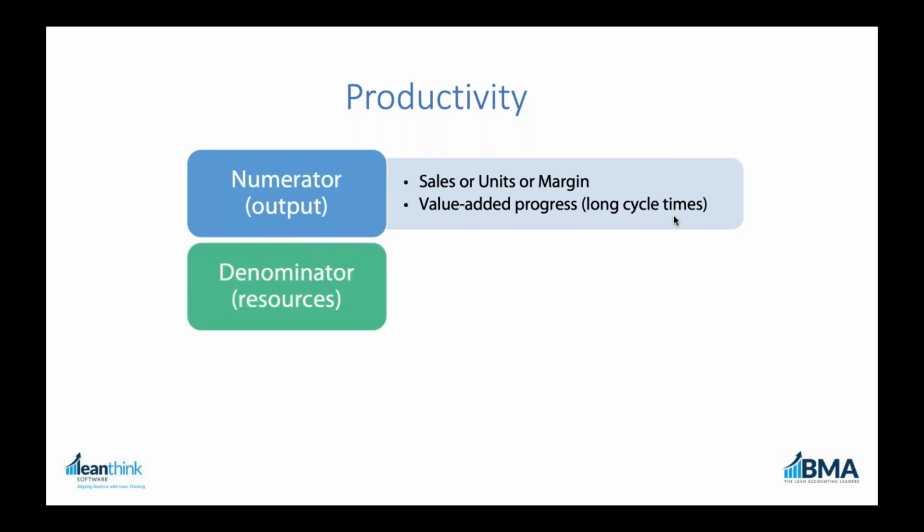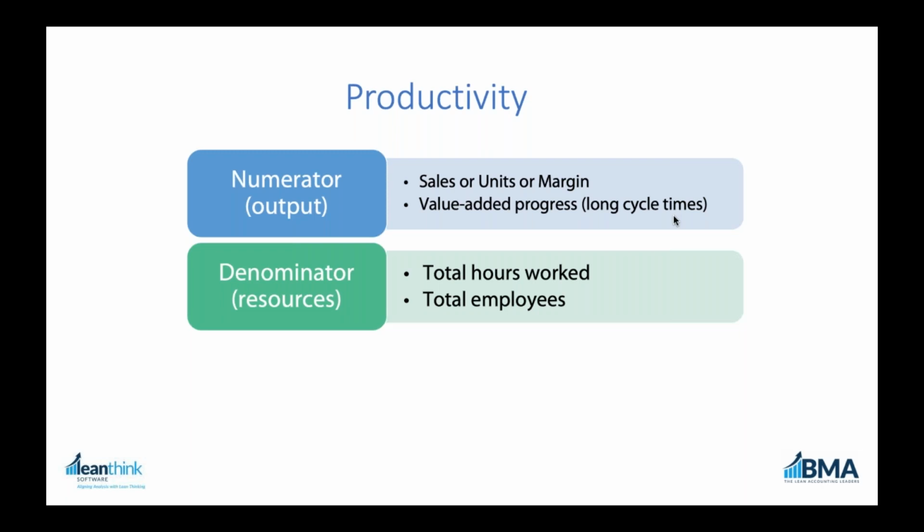The denominator is pretty simple and easy. It's total hours worked or total employees. My preference at the weekly level is total hours worked, especially if you're looking at operations where overtime may occur. At a company level or a strategic level, just total employees is good.